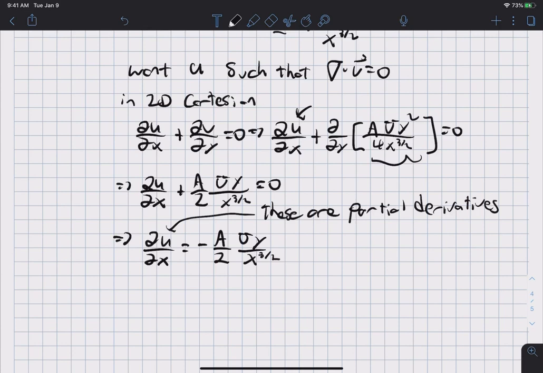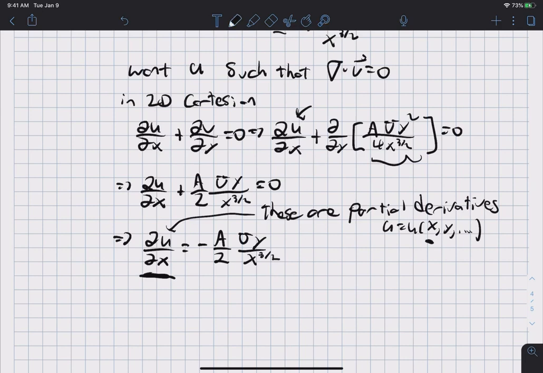And so u in general equals u of x, y, etc. Okay, and when we solve this differential equation here, we are only integrating in the x direction. Okay, and so when we do that, we pick up no information about the y direction.